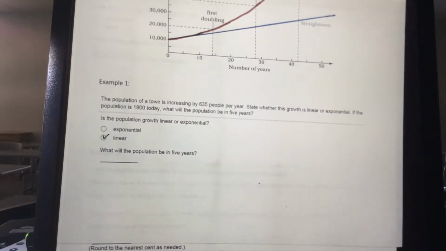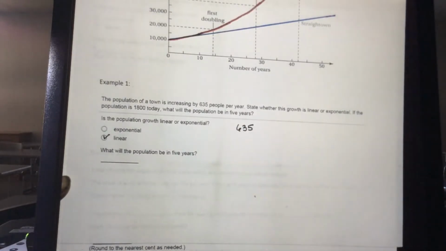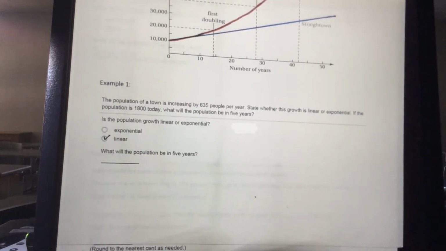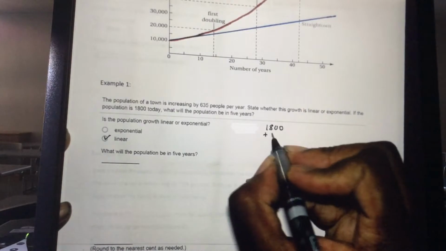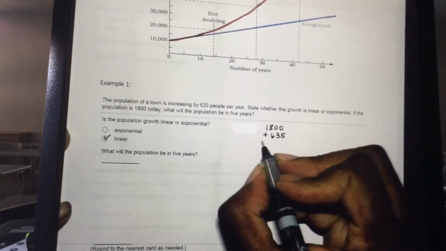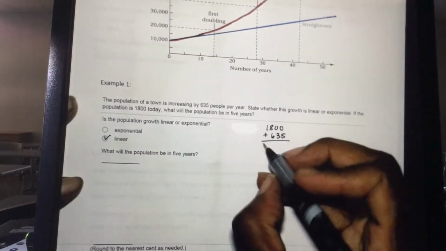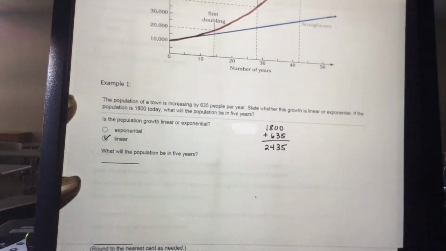And what will be that population in 5 years? Here the population was 1,800, so we're going to add 635 each time. We start off with 1,800. After the first year, if we add 635 to that, it will be 2,435.